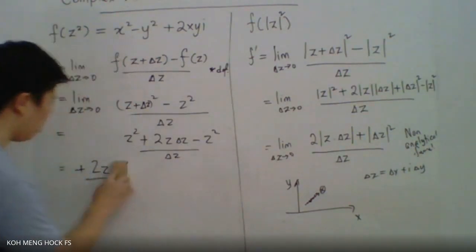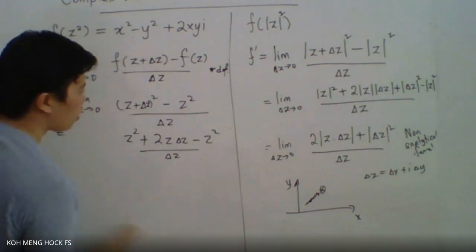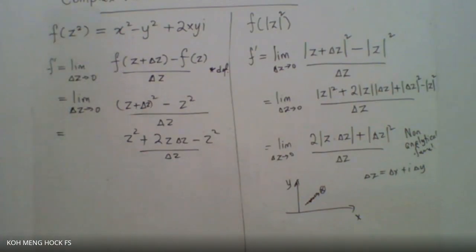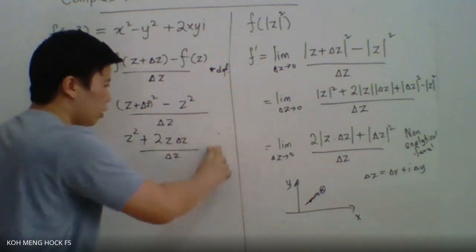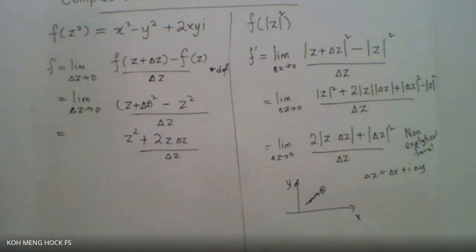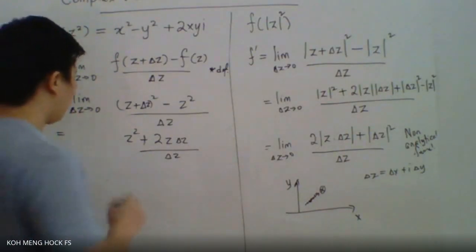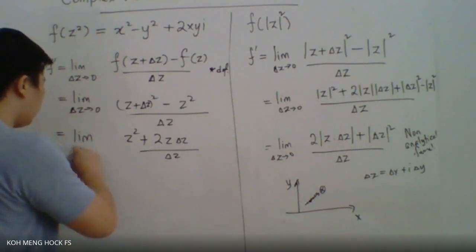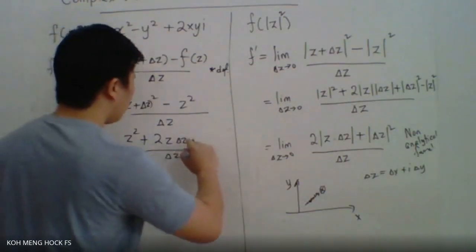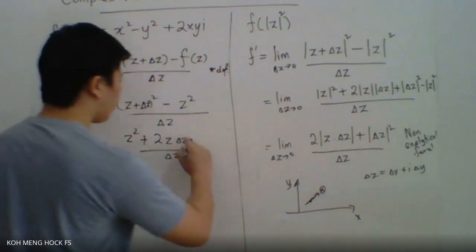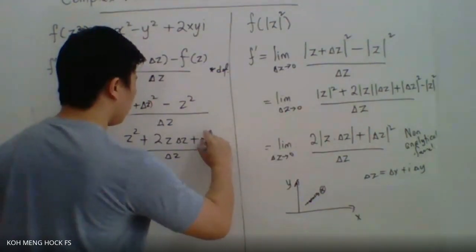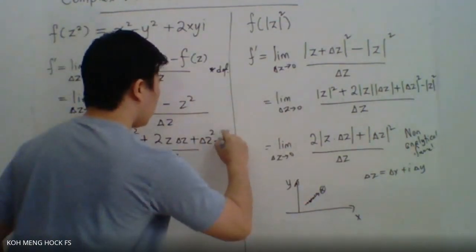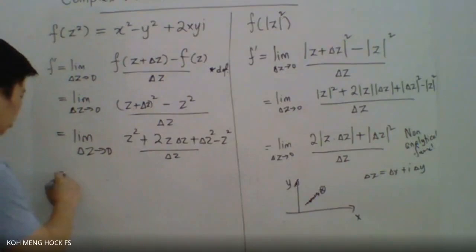Let me just write this, and let me put this back again. It's like delta plus delta z squared minus z squared, right?